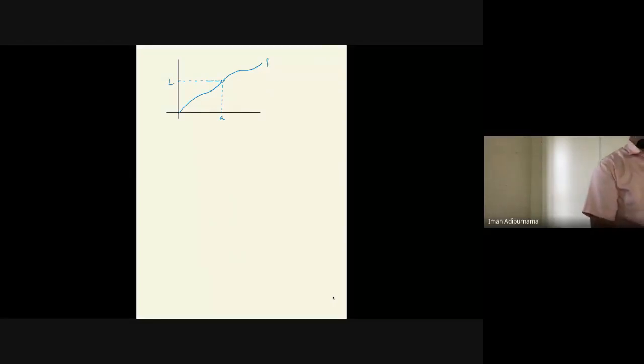This is a function. Based on our definitions, if we have a function like this with a hole, when you plug in the number, it will be undefined.